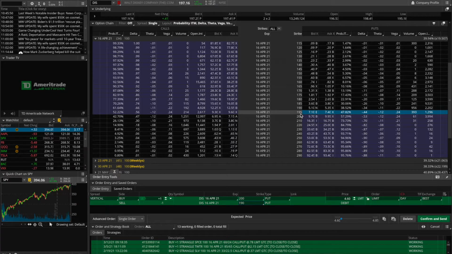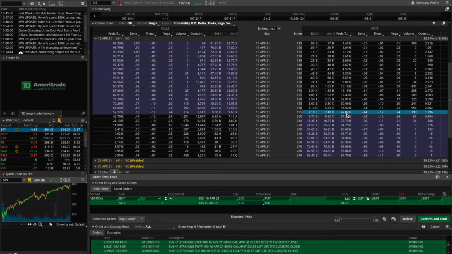And so if you look at the chance that this option expires in the money, and again, that's the same thing as the probability of Disney finishing below 195 by the expiration date, there's only about a 48% chance of that happening, which means there's a 52% chance of that not happening, a 52% chance that Disney actually finishes above 195. And therefore, you would either just barely squeak out a profit or you would actually lose money. And so only a 48% chance of just barely squeaking out a profit is not that great.